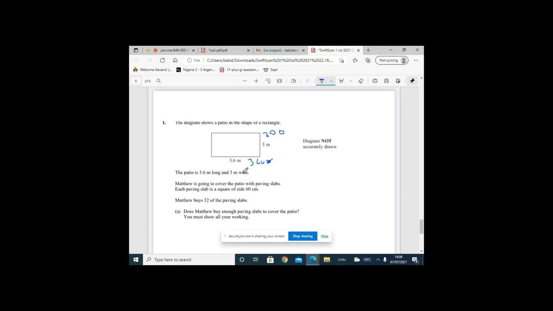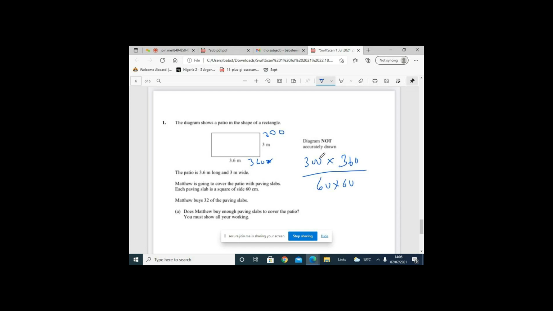So you now multiply them together. 300 times 360, divided by 60. So it's a square, 60 times 60. So what do you get when you do this one? What's 300 times 360 first?